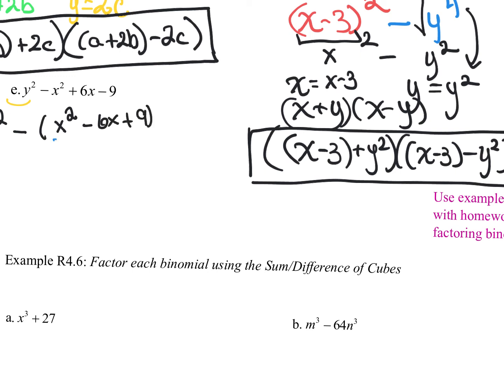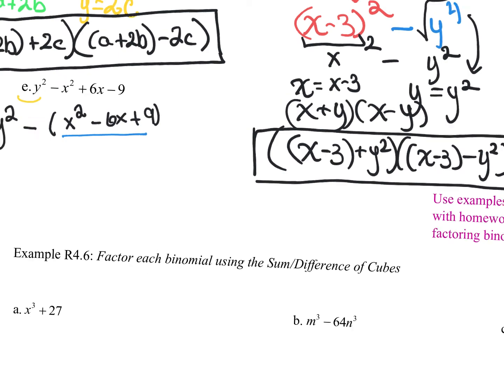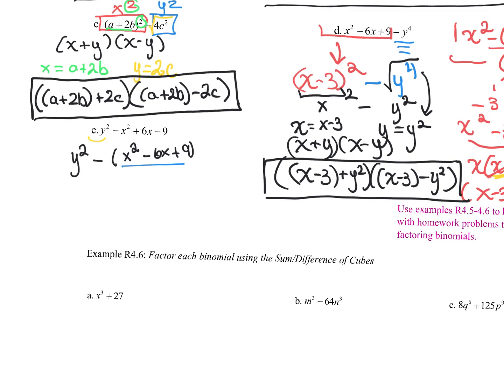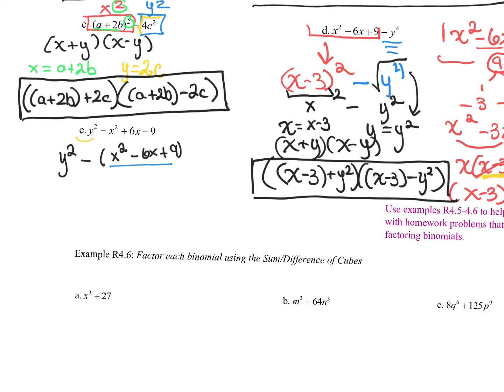And this thing I'm underlining in blue is the same thing that we had over here in this other problem. Right here, it's the same thing. So we know that that piece factors into x minus 3 squared right here. So I have y squared minus x minus 3 squared.